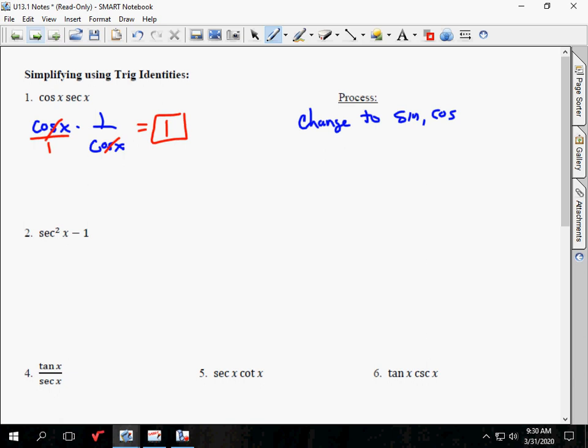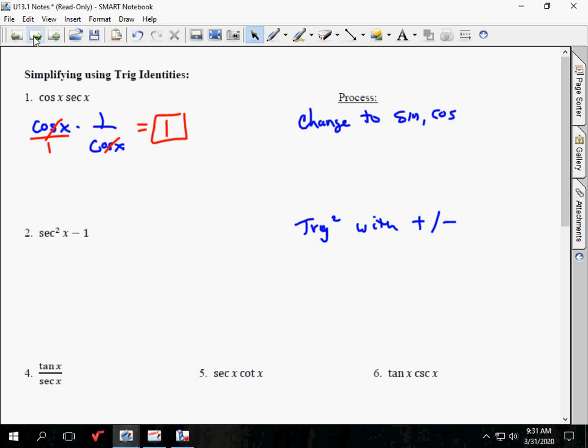All right, so let's move on. Secant squared x minus 1. Sometimes when you see a trig expression squared with a plus or minus, look for one of the Pythagorean identities, one of those 9 versions that we wrote. So let's see if there's a secant squared x minus 1 that we had.